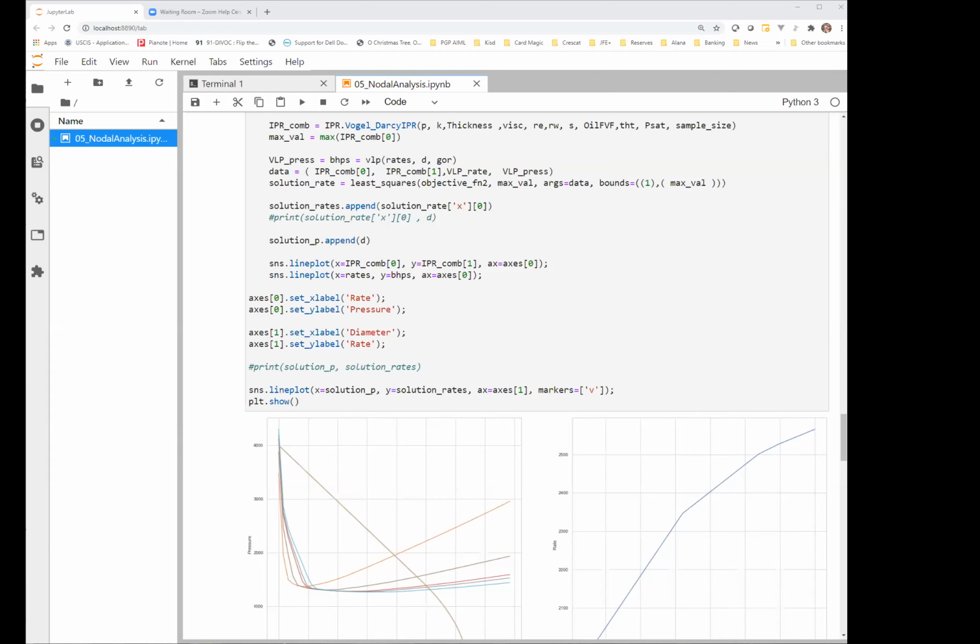What OpenServer does is that it has some predefined functions that you just call on demand and do the calculations using their software. So it's similar to what we're doing, but instead of using my library or the PSP library, the library is going to be Petroleum Expert. And of course, they have a long track record on this, and for sure it's going to be bulletproof.